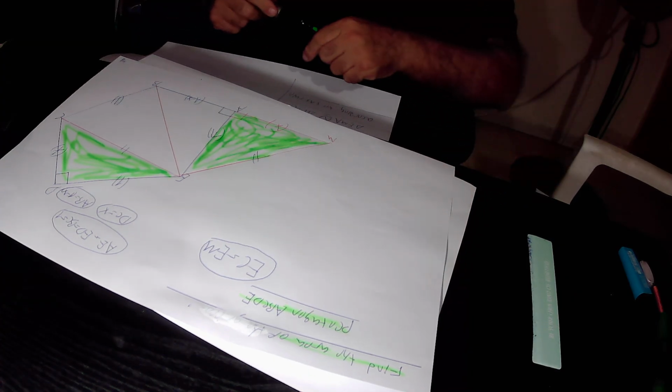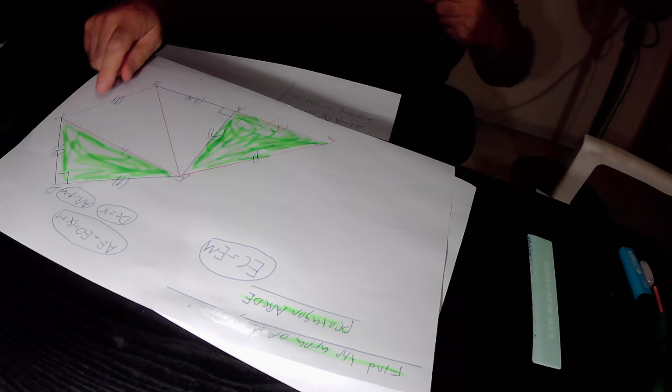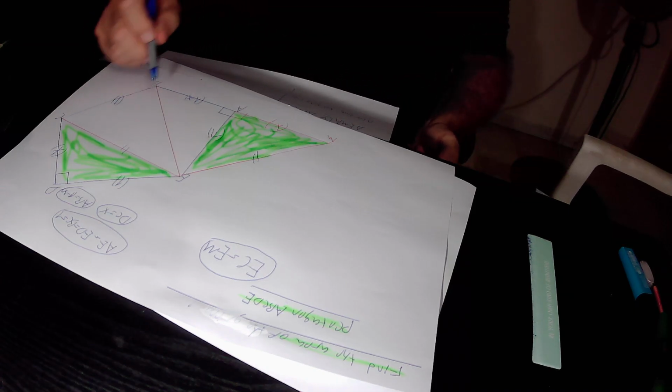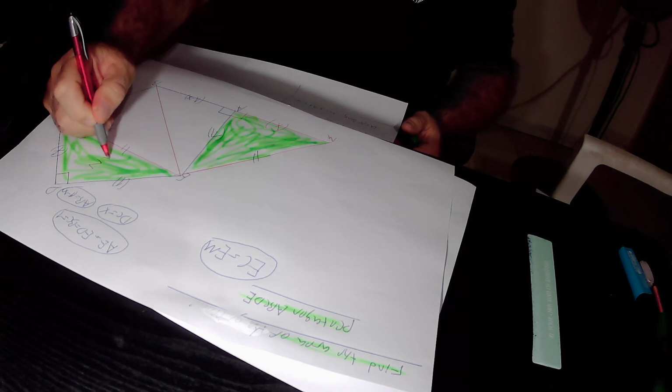So actually, if we define the area of this green right triangle EDC as Z, then the area of this green right triangle EMA must also be equal to Z, because they have the same areas.